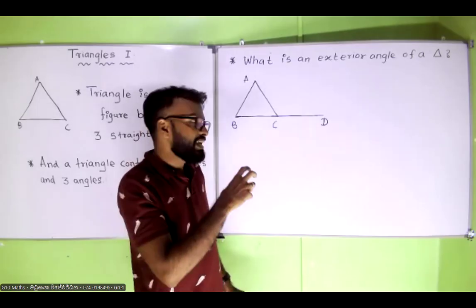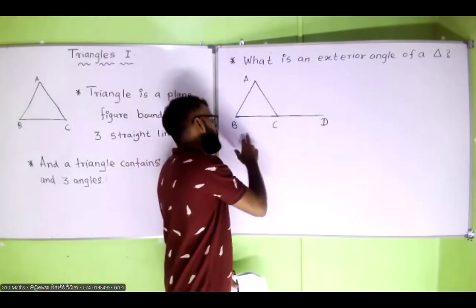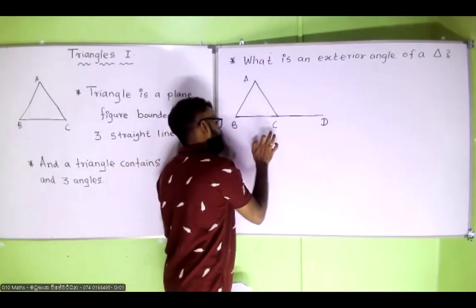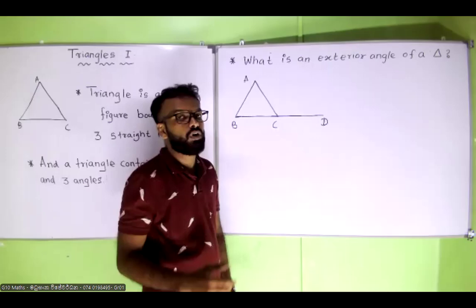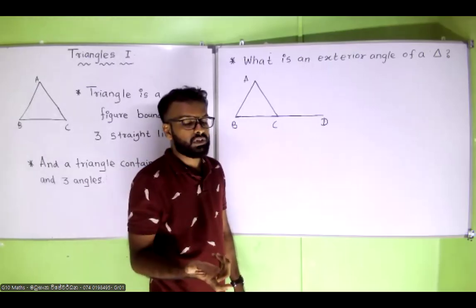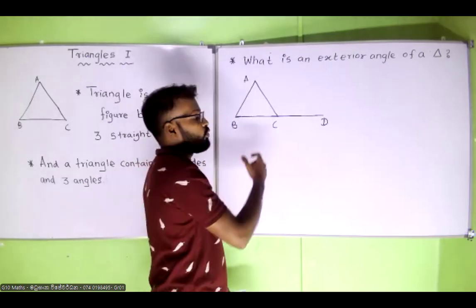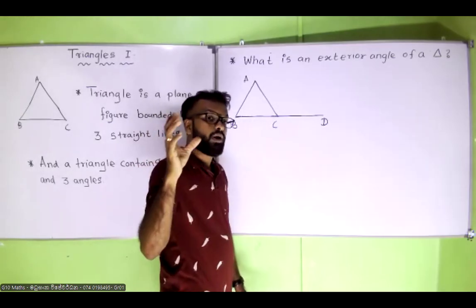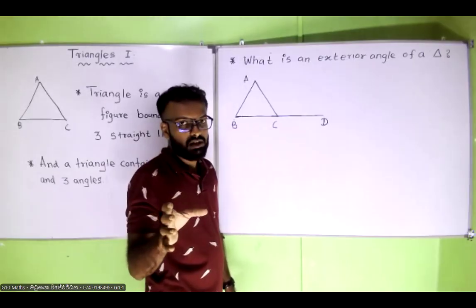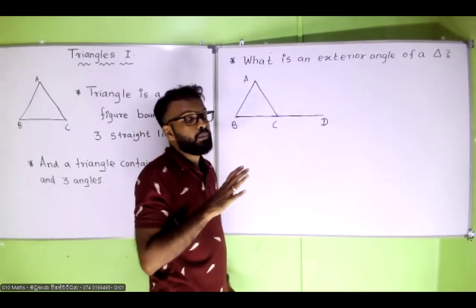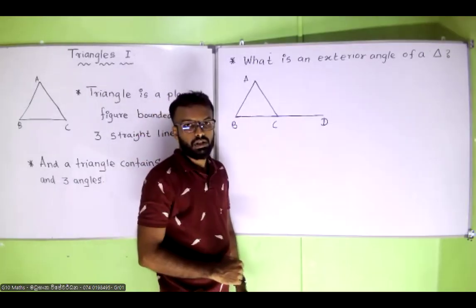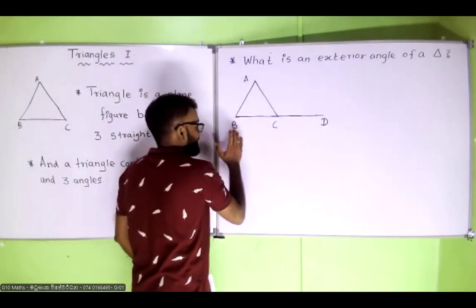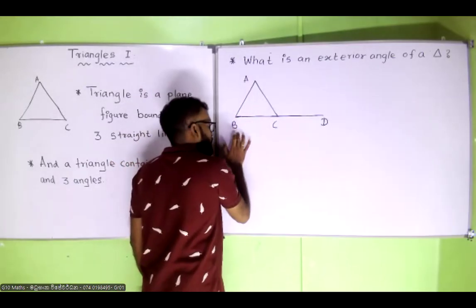We say that we are producing side BC up to D. So that is how we refer to it. We extend BC up to D, we produce BC up to D. You need to familiarize yourself with those words, so it would be better for your O-level exam. Okay. So this is my triangle, and I have produced my side BC up to D.